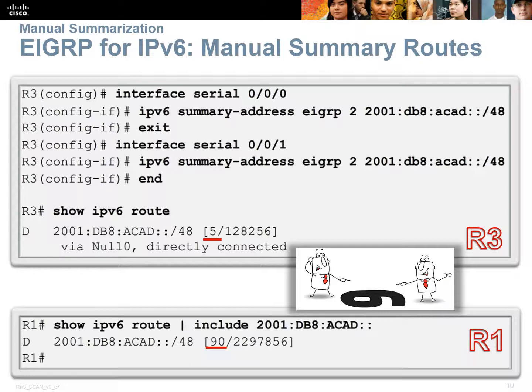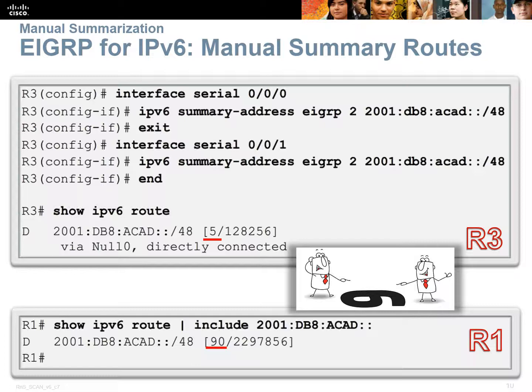So everywhere you manually configure a summary, it marks it as a 5. It marks it as a better, higher trustworthiness than things that have been learned dynamically. So the administrative distance for a manual summary route is a 5, but on the router you program it on. All the other routers that learn about it dynamically learn it as a normal EIGRP 90.